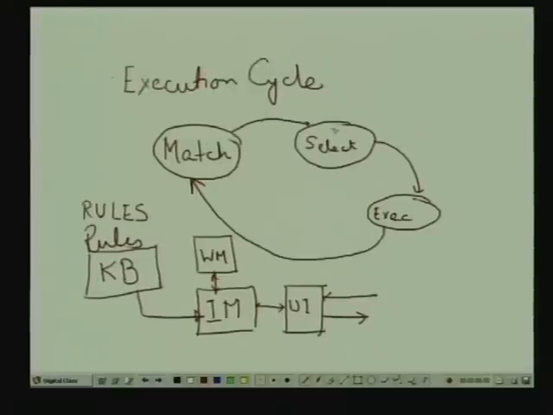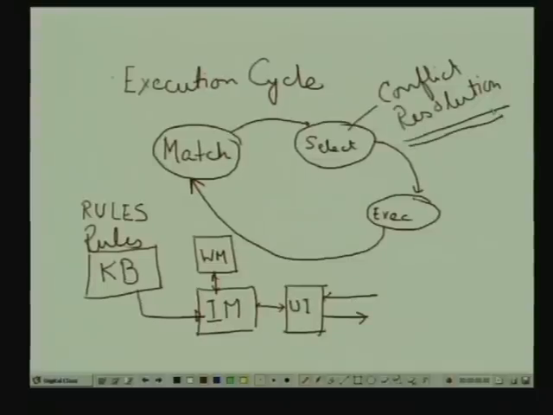If more than one rule is applicable at a particular cycle, then the select phase, which is also known as the conflict resolution phase, selects a subset of the rules, maybe one or maybe two, and only those rules which are selected are fired.